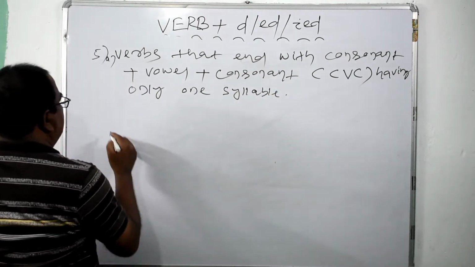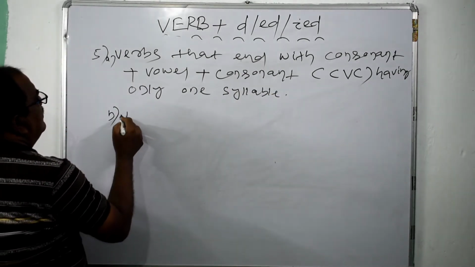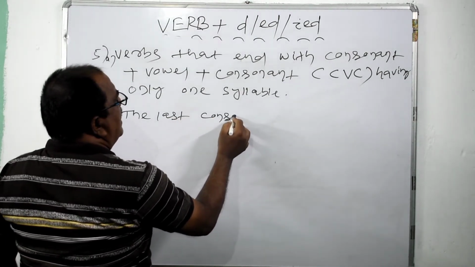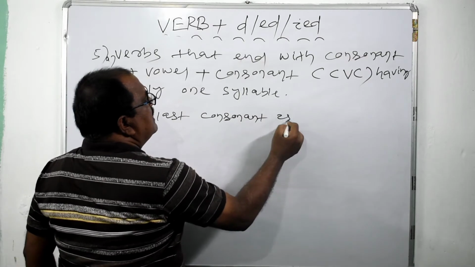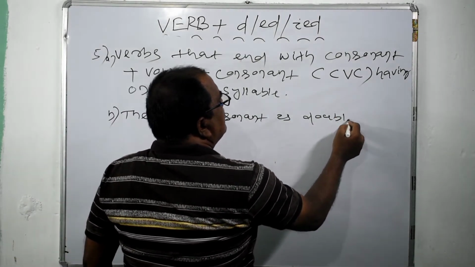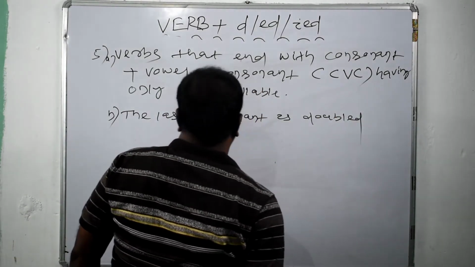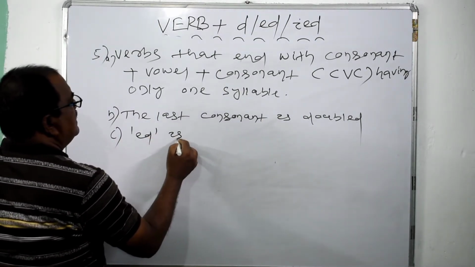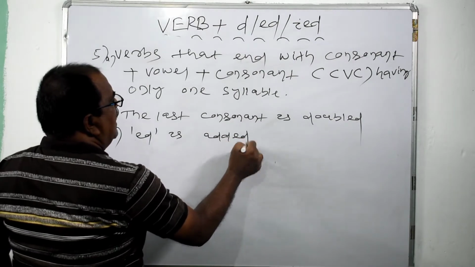In this case, the last consonant is doubled. Then in the third step, ed is added.